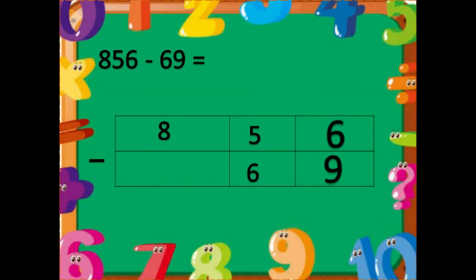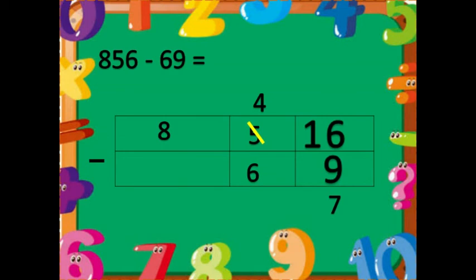So we are going to borrow 1, or borrow 10, from 5. 5 minus 1 equals 4. It will become 4. And we will place the 10 into 6. So 10 plus 6 equals 16. So 6 will become 16. Now we can start to subtract 16 and 9. 16 minus 9, the answer is 7.